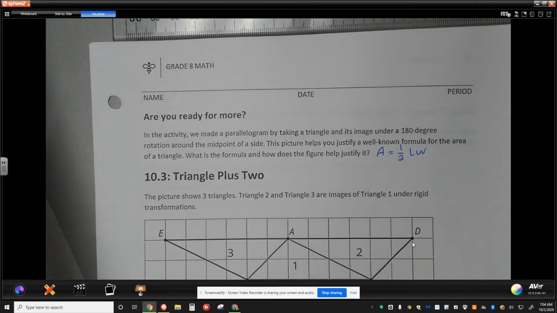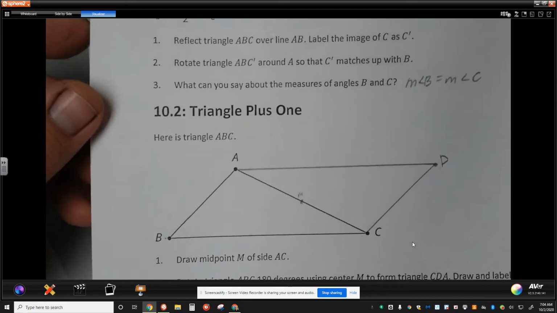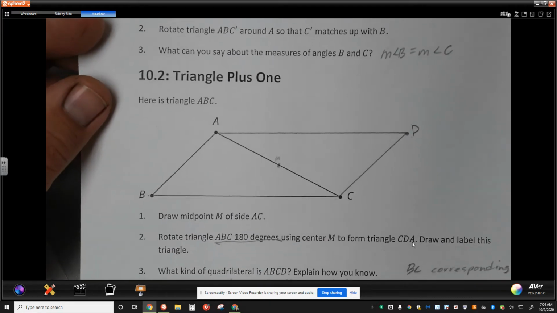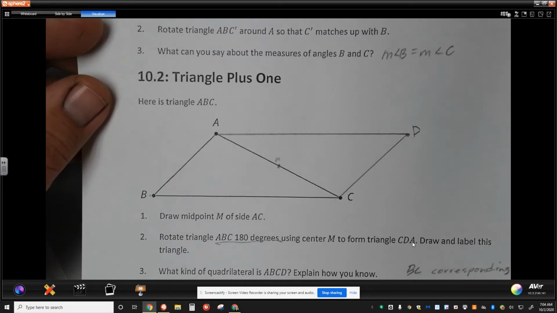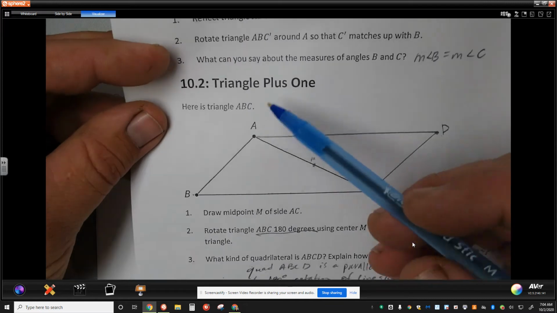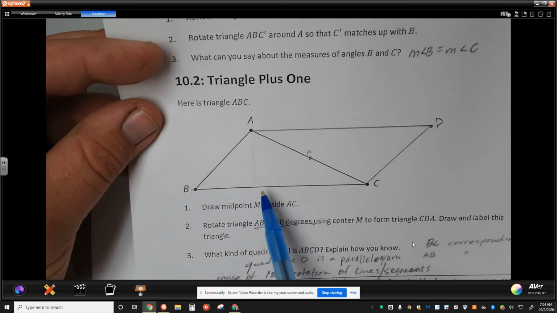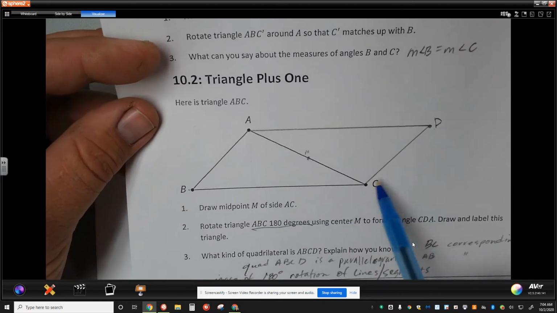When we work on the area of a rectangle, we know that a rectangle is something like this. Under this figure, when we find the area of a parallelogram, we do the same thing as we do with any rectangle. We take the measurement of the width or the height, and we multiply it by the length or the base.